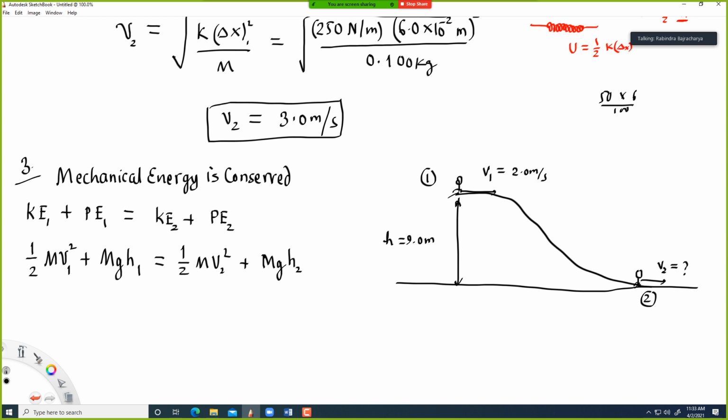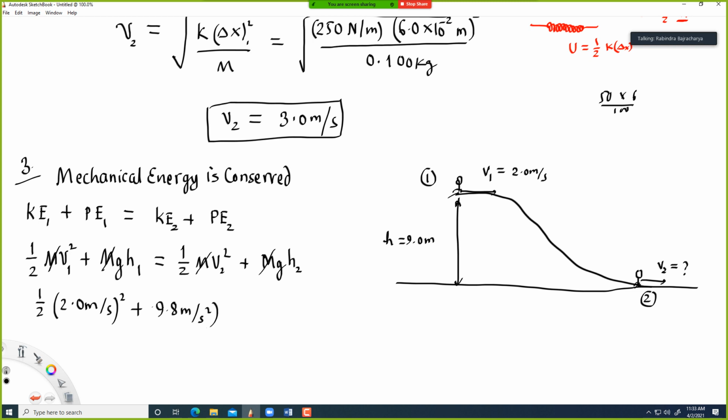Okay, so all these terms have mass. When you have a variable on all the terms, you can actually cancel that, get rid of that. So cancel m. So 1/2 times V1, which is 2 meters per second, squared, plus g, which is 9.8 meters per second squared.